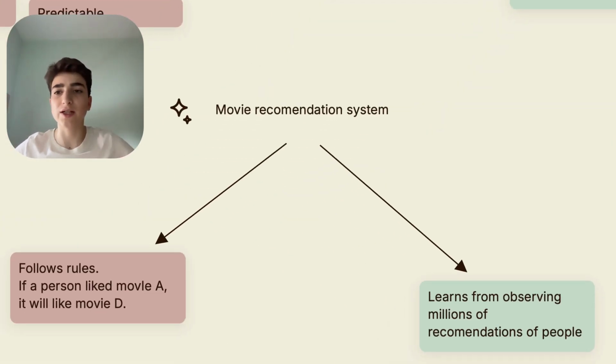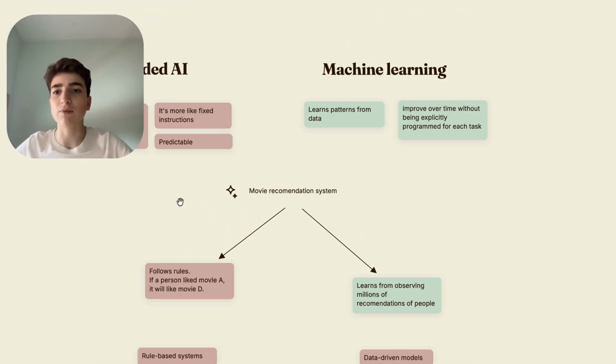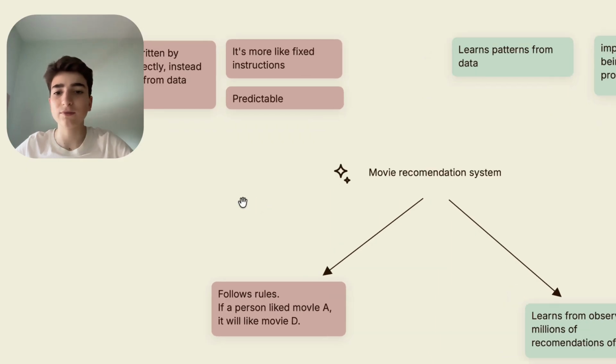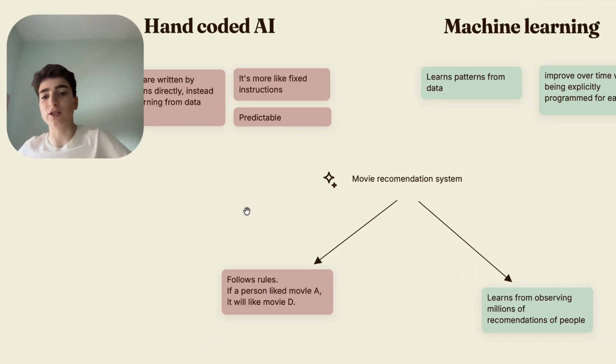So let's put an example. If we use these two, the hand-coded and machine learning, we can use the example of a movie recommendation system. The hand-coded AI follows the rules as we said. So if a person likes movie A, it will like movie D, because that was a rule.